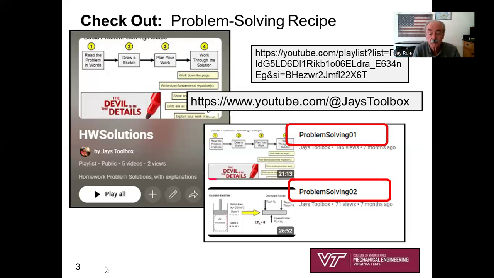I continued this problem-solving recipe into graduate school, and then into my engineering career. So this is something you can train yourselves to do, and you can carry this skill into your practice of engineering. It's not something you'll just do to solve homework problems or to do well on quizzes and tests. It's a skill that you can have for the rest of your career.